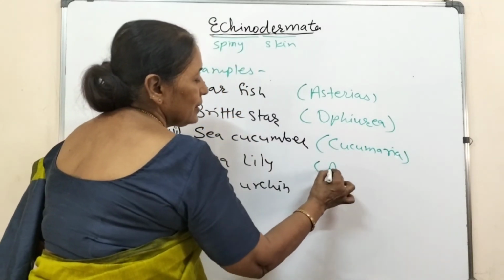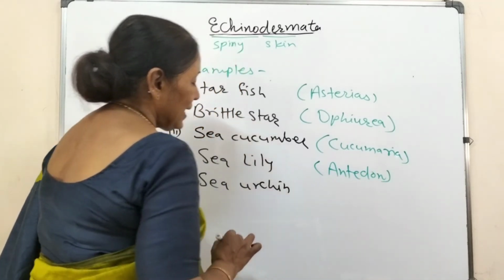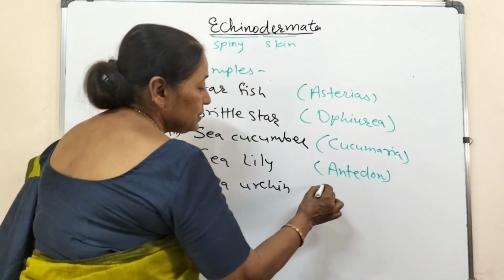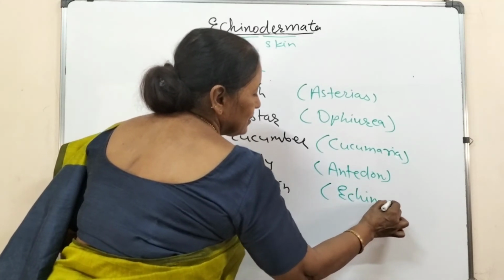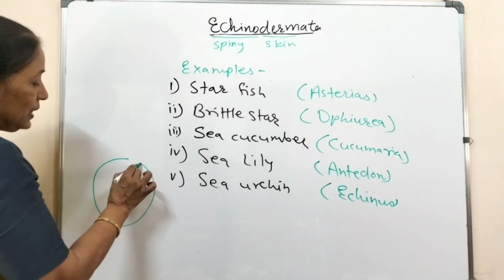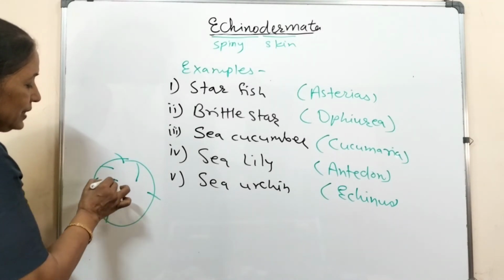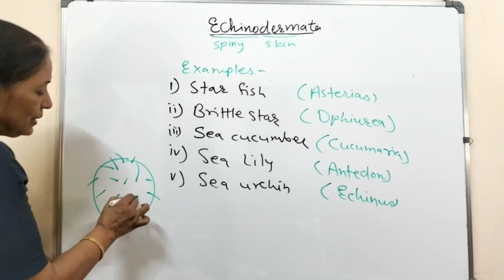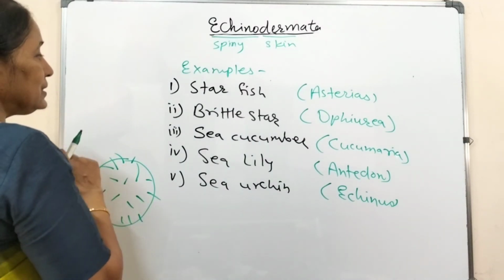Sea lily is Antedon. And sea urchin is Echinus. The sea urchin has a round ball-like structure, and it is spiny like the echidna. It derives its name from the animal echidna, which has so many spines. So this is sea urchin.